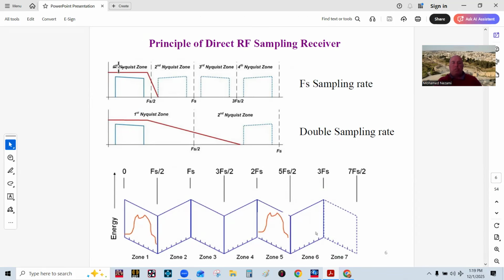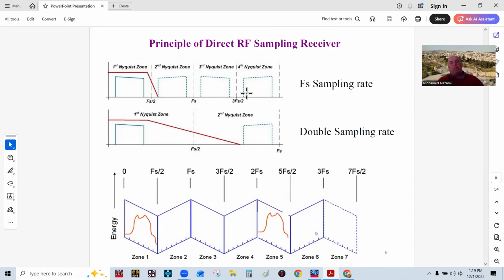The first Nyquist zone is if that signal happens to be below half of the sampling frequency. And then in the second Nyquist zone, you get exactly the same signal but spectrally inverted, in the area between half of the sampling frequency and the sampling frequency, and so on.